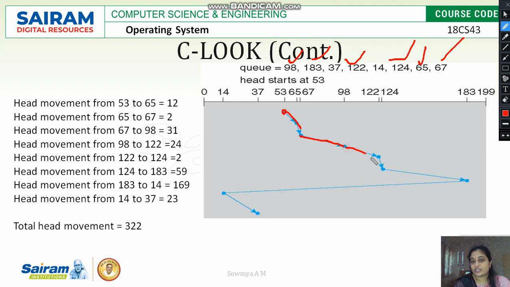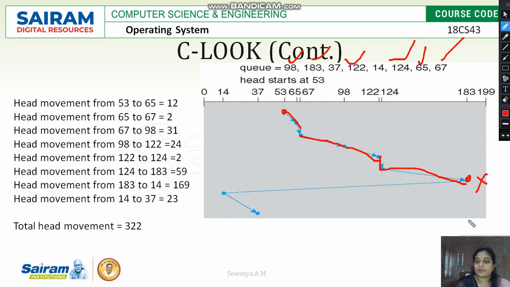So the disk is scheduled from 53 to 183, one after the other. But after 183, unlike the C-scan method, in the C-look method the disk won't be moved from 183 to 199. The movement is not required according to the request queue.